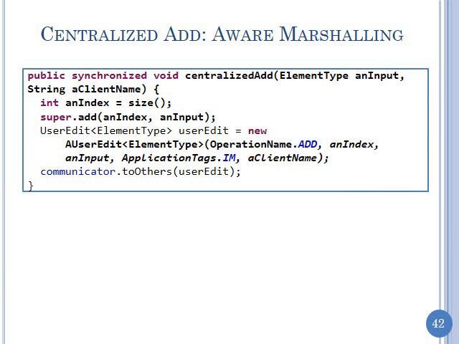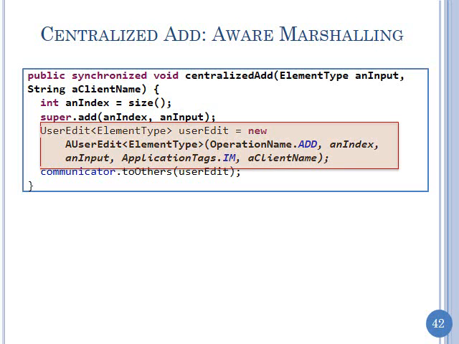Now my centralized add is in the centralized model, and it also does a super add, but it does not do super observable add. It does super add because there are no local interactors observing it. And it composes now not a list edit, but a user edit. And what's a user edit?